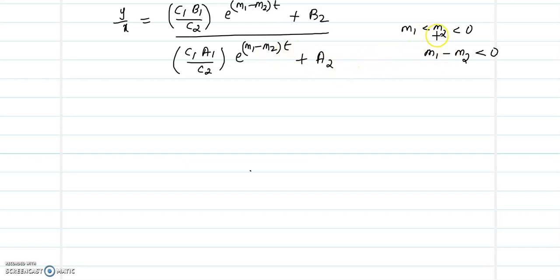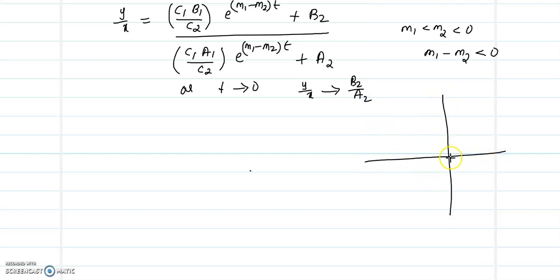Now as we know m1 is less than m2, m1 minus m2 will be negative. So we can see that as t tends to infinity, again m1 minus m2 less than 0, this whole term will go to 0. So y by x will be approaching b2 by a2. So these were the lines we had.